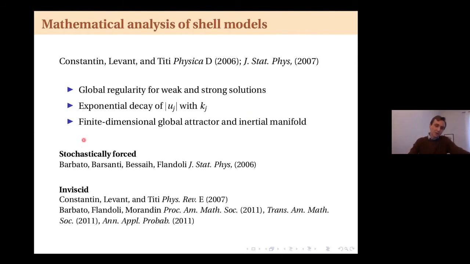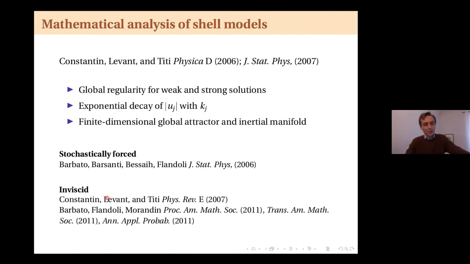An analogous study of the regularity properties of shell models was given in this paper by Flandoli and collaborators in the case where the forcing is not deterministic, but stochastic. Also, inviscid shell models have attracted attention in the case when the viscosity is 0, and there is a similarity in behavior with the Euler equations.